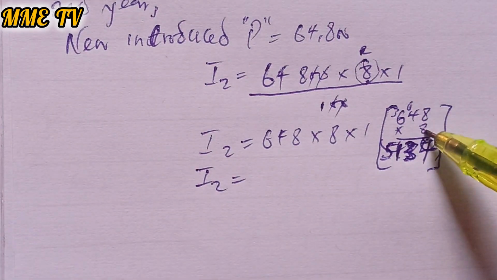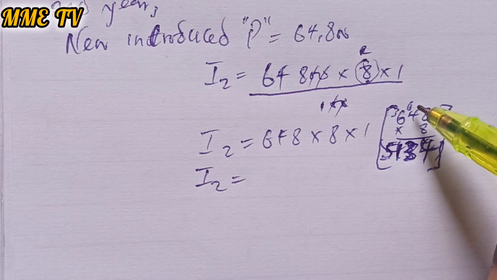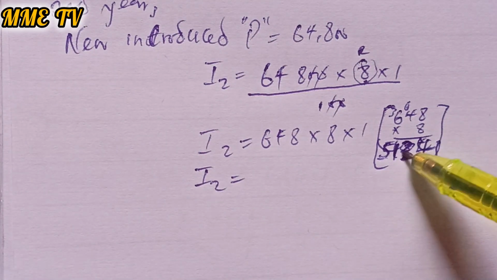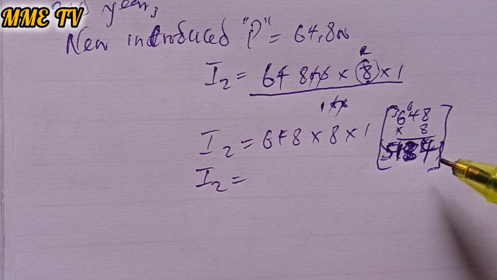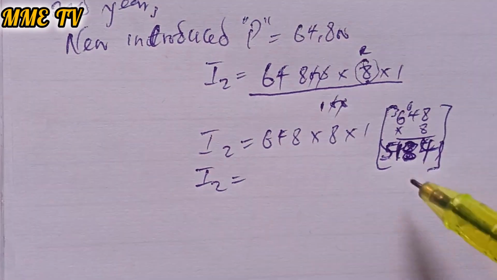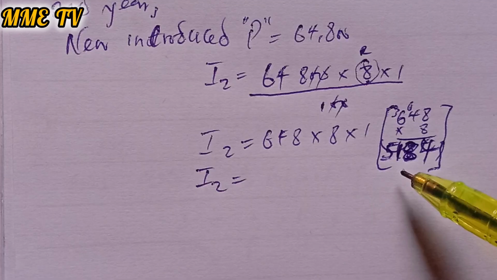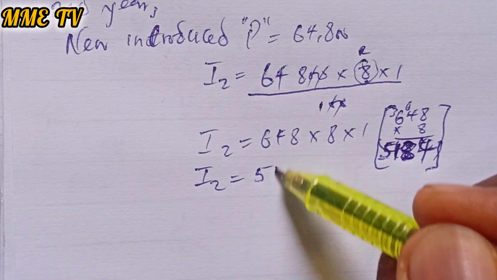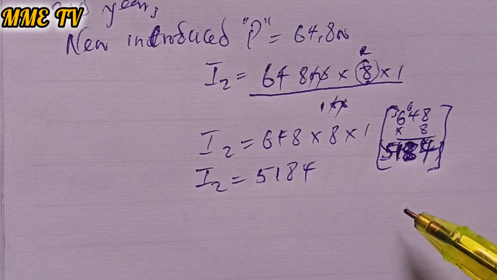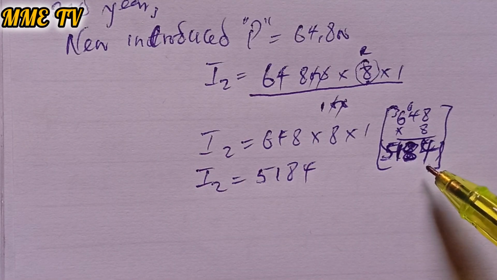Sorry for that. Then 8 times this is 32 plus that 6. So what we are going to be having here is going to be 8. I hope this is very clear. Sorry for that small mistake, okay? It's 8. Then we'll be having 5184. So the total answer is going to be 5184. That's doing this little calculation.